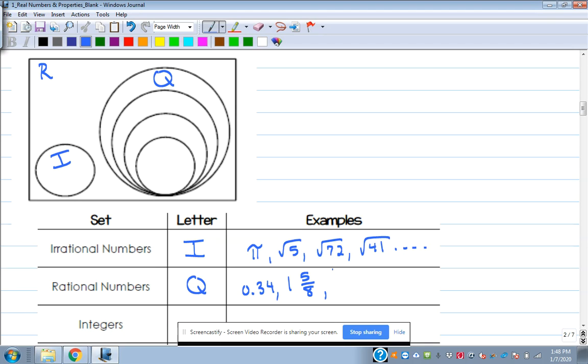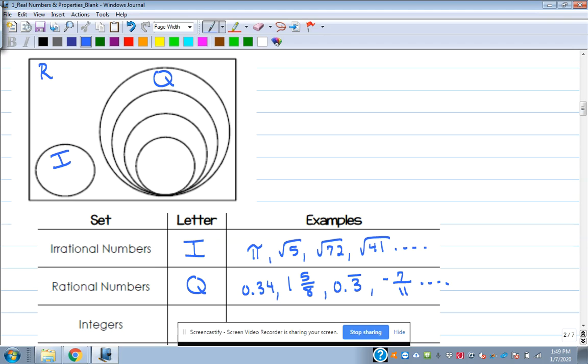It's a mixed number, but it can be written as a fraction, so doable. Let's use that bar notation. 0.3 repeating. That's a rational number, a repeating decimal. -7 over 11. That's a rational number. It's written as a fraction. It happens to be negative, and that's okay. And there's a bunch of other examples of that.